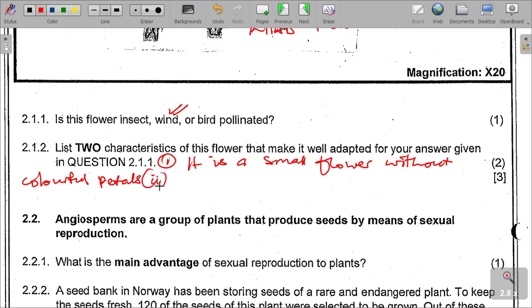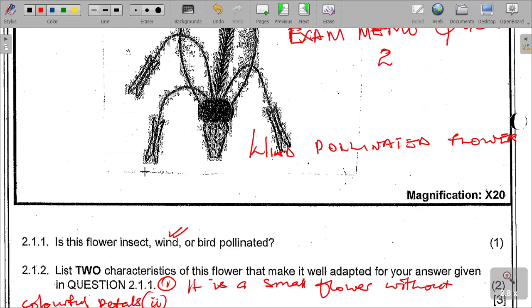2, what else can we say that shows it is wind pollinated? It has large amounts of pollen, as we can see there.